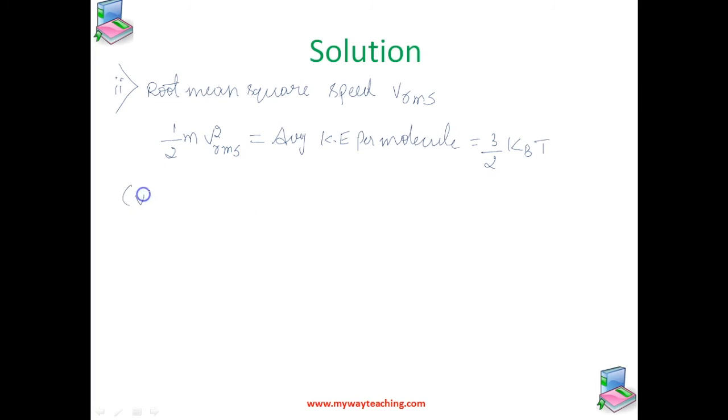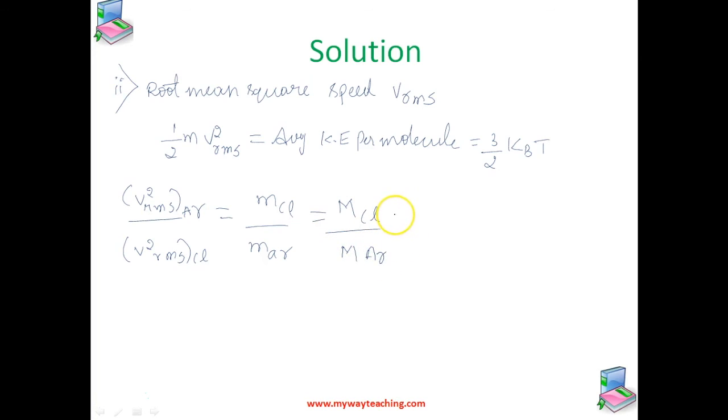So we can write it as V square RMS of argon by RMS value of chlorine, that is given by mass of chlorine by mass of argon, or molecular mass of chlorine by molecular mass of argon.